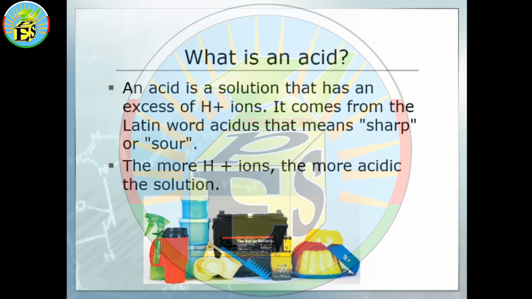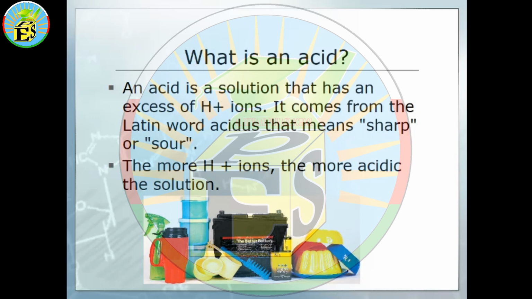If you look at the definition of acids, any substance which contains a maximum number of H positive ions would be acidic. The word acid is derived from a Latin word, acidus, which in English means sharp and sour.